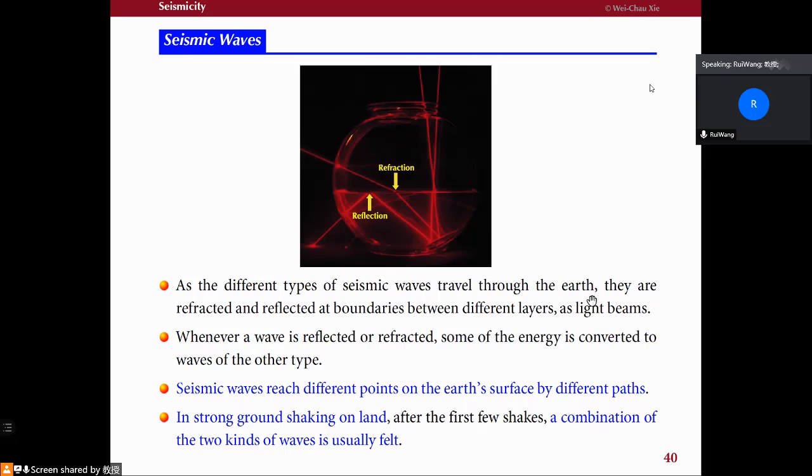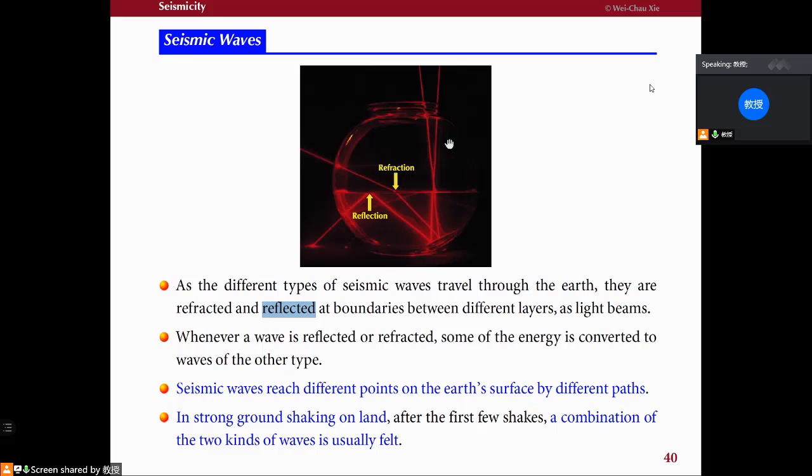Okay, maybe I repeat this. As different types of seismic waves travel through the Earth, they are refracted, and refracted means 折射, reflected 反射, at boundaries between different layers as light beams. Okay, so we look at this.